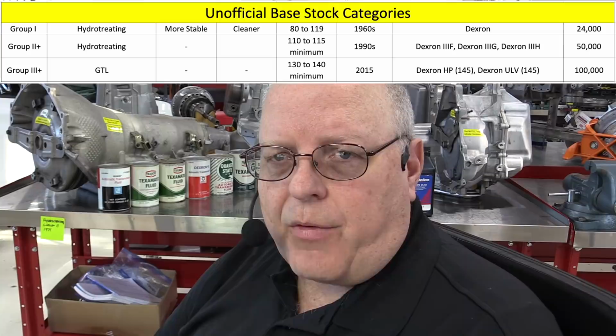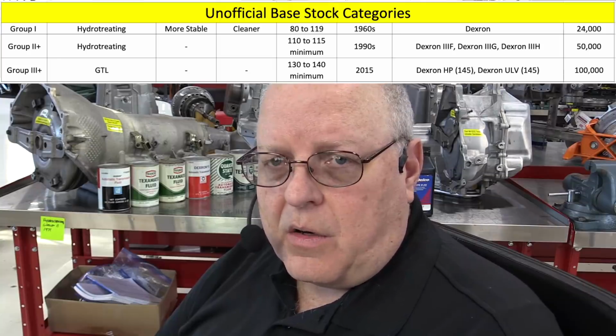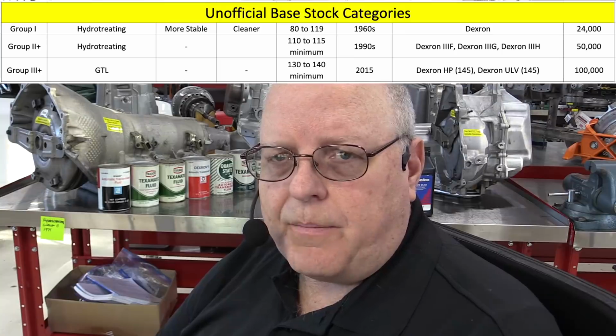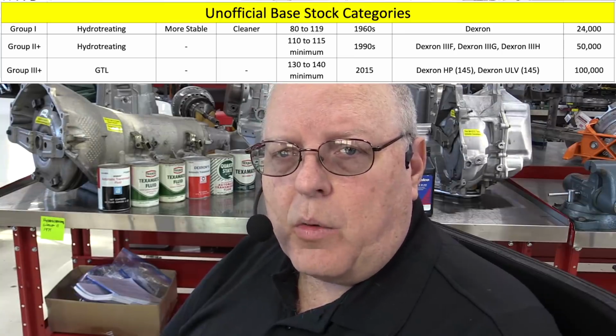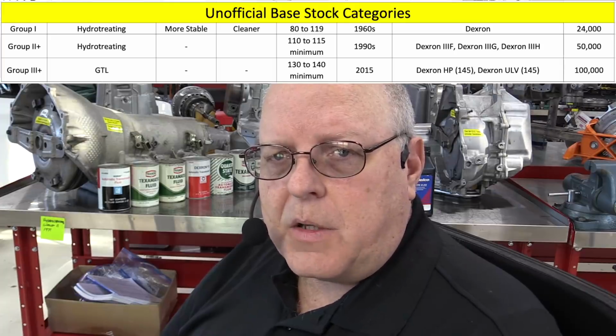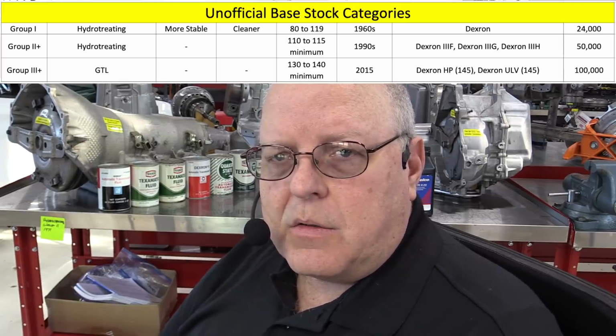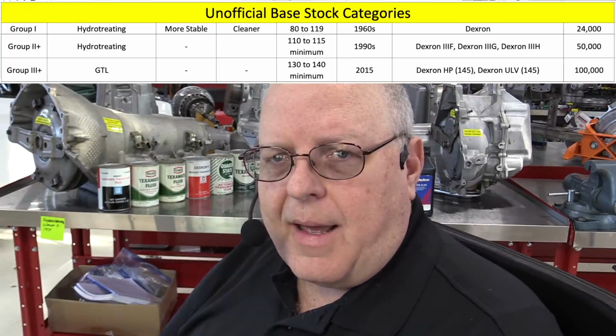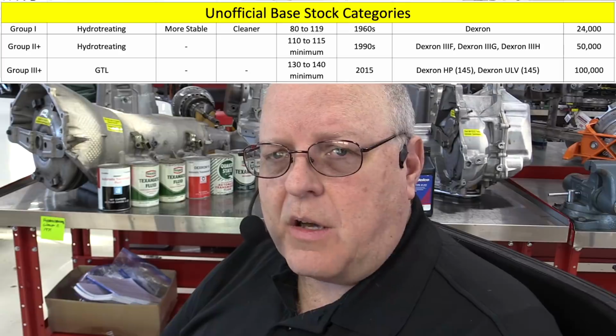And this new method of refining led to an unofficial API group called the Group 2 Plus base oils. Now, the development of the Group 2 Plus base oils was occurring at the same time that General Motors made some big changes in their automatic transmission fluids and the service intervals for changing that fluid.